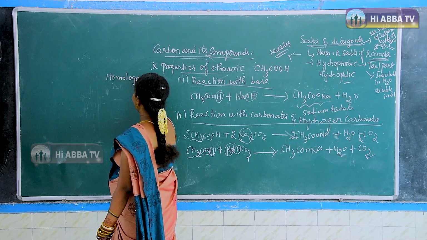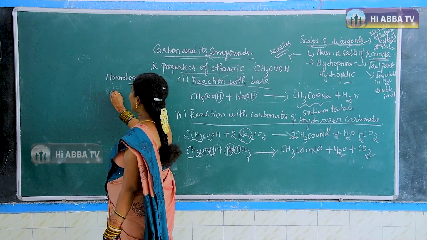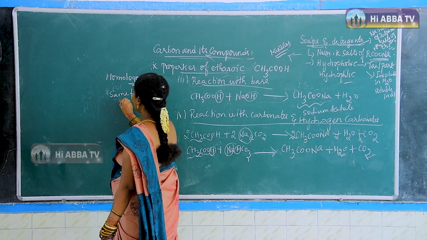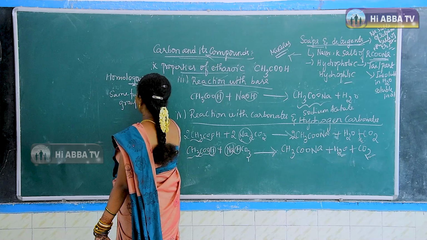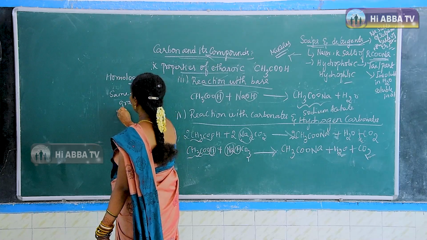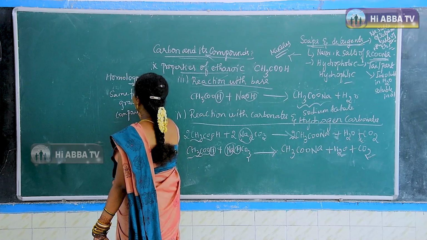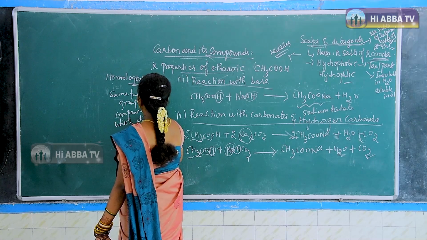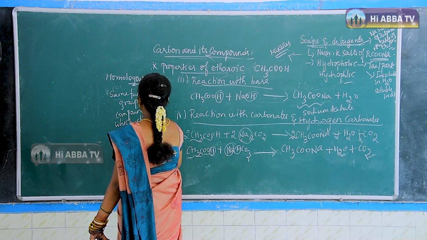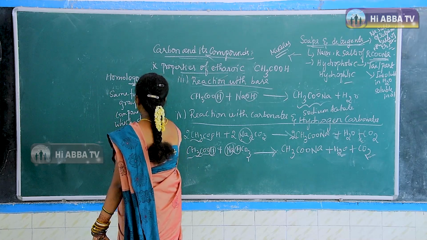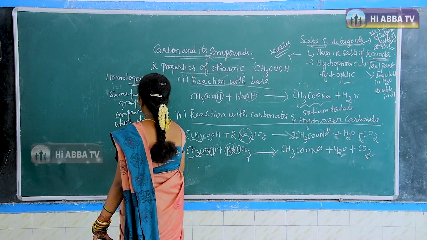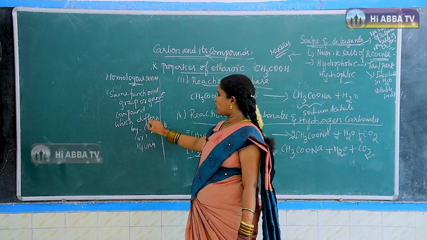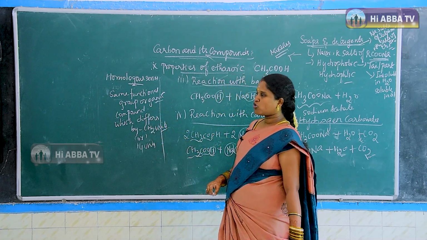A homologous series is nothing but it consists of the same functional group and it is an organic compound which differs by, this is a very important keyword, which differs by CH2 units or 14 units, you can keep in mind.